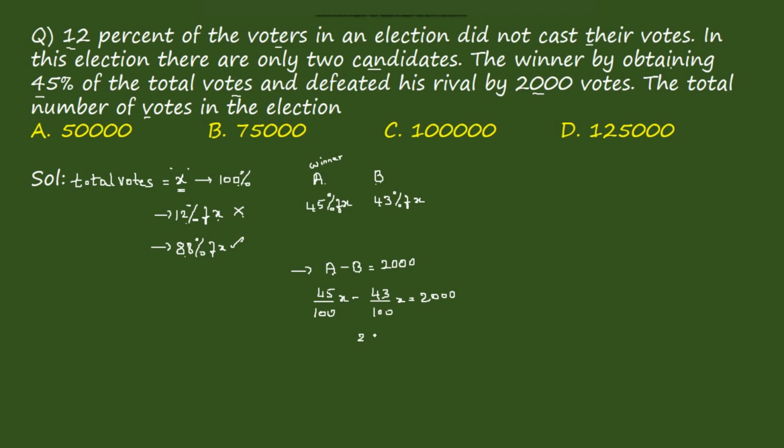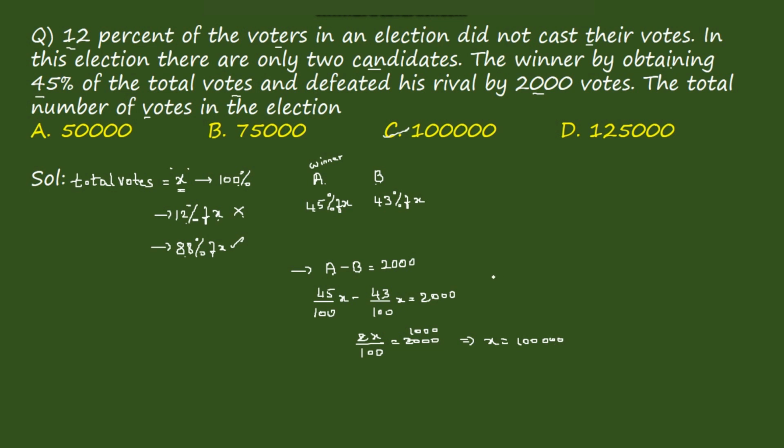Then you get 2X by 100 is equal to 2000. Here 2 and 2 get cancelled, becomes 1000, which implies X is equal to 100,000. So total votes is nothing but 100,000. So the answer is option C.